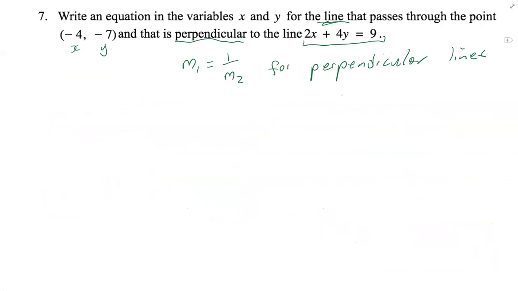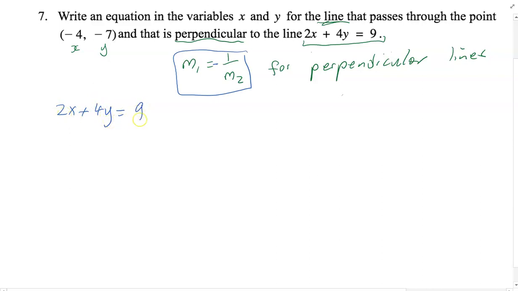Okay, let's talk about perpendicular and parallel lines, in particular perpendicular lines, where in terms of the slopes, the slope of one is the negative reciprocal of the other. So m sub 1 is negative 1 over m sub 2. We want to find the slope of this first line, 2x plus 4y equals 9.